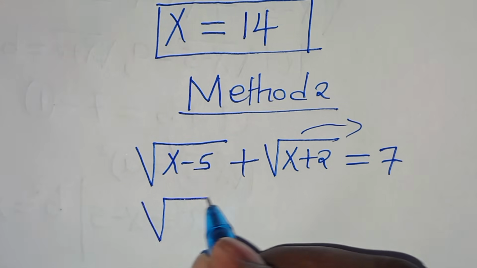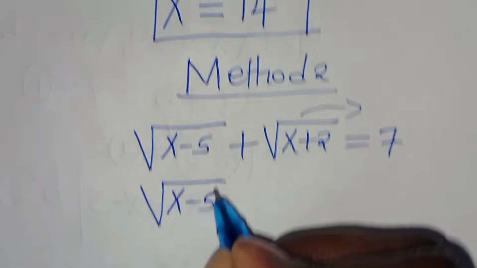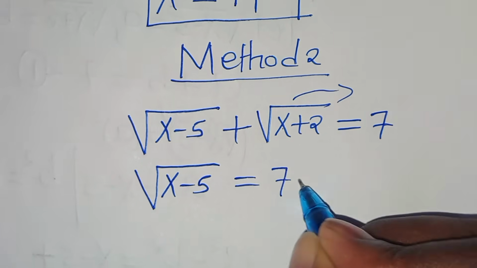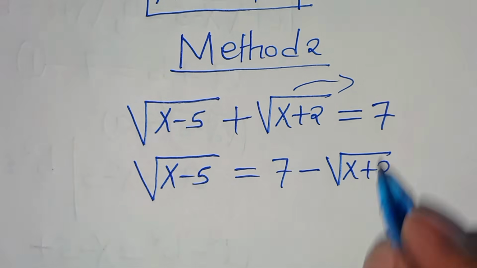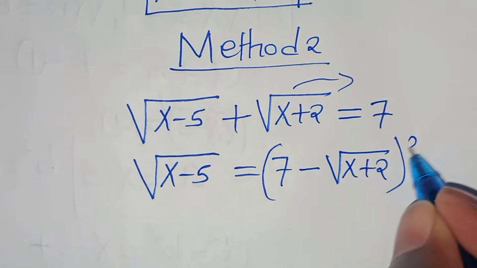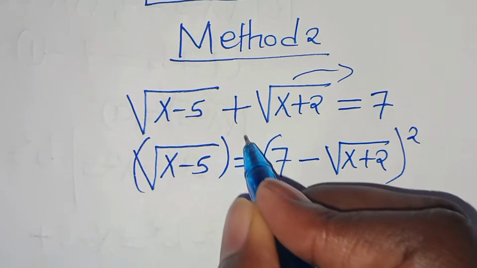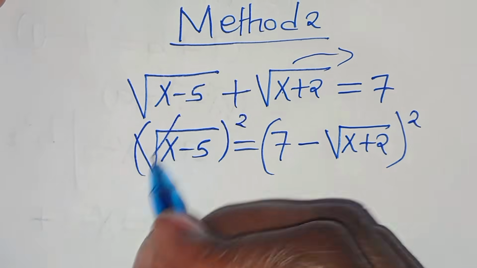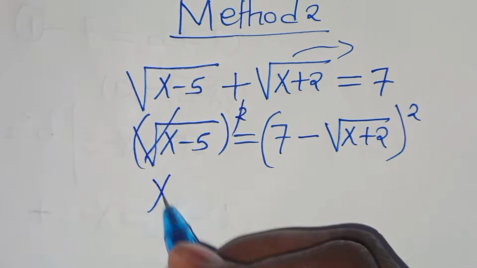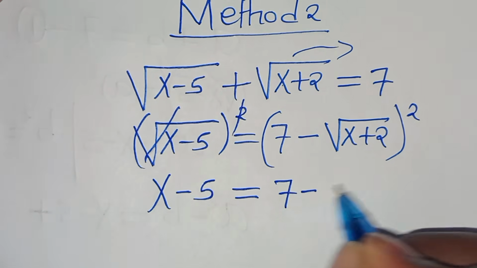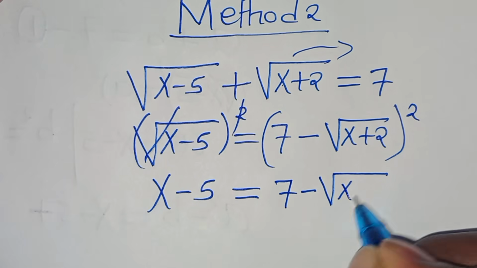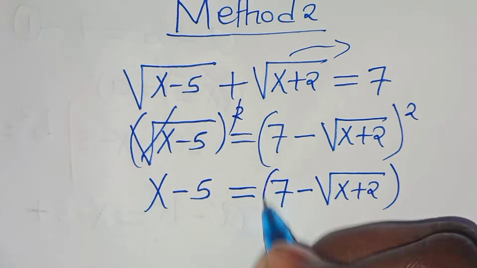This means we have the square root of x minus 5 equal to 7 minus the square root of x plus 2. Now let's square on both sides, and this means that we eliminate the square root sign so that we have x minus 5 equal to 7 minus the square root of x plus 2, all raised to the power of 2.